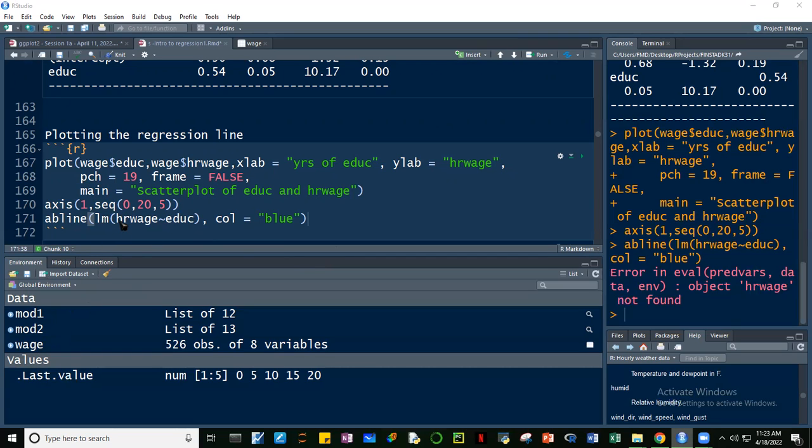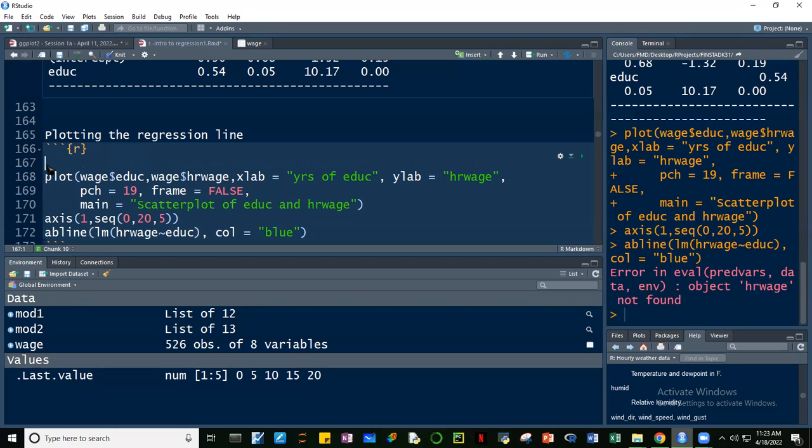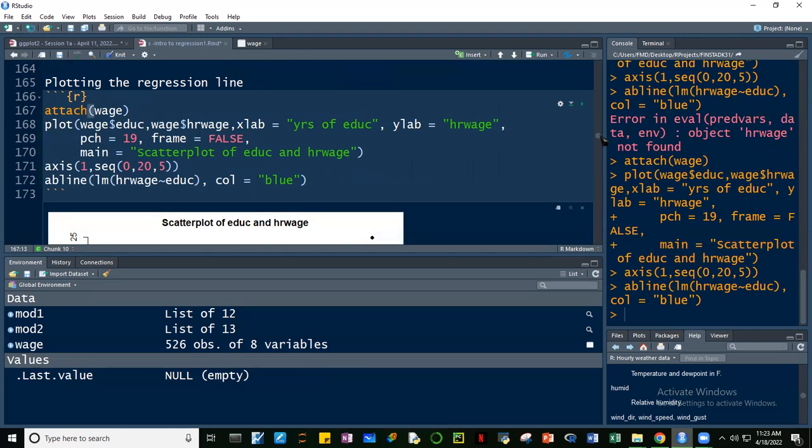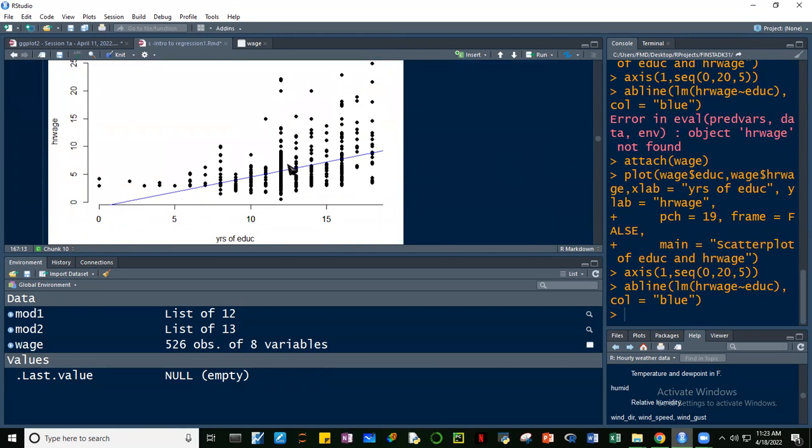So you either put here wage dollar hourly wage, and then wage dollar education, or sabi natin we can use the attach, and then wage. Okay, we can do this. Sige, i-run natin to. Okay. So, nag-work na siya.